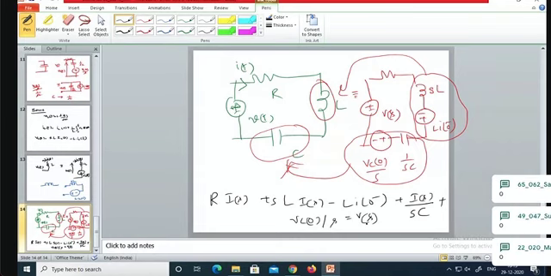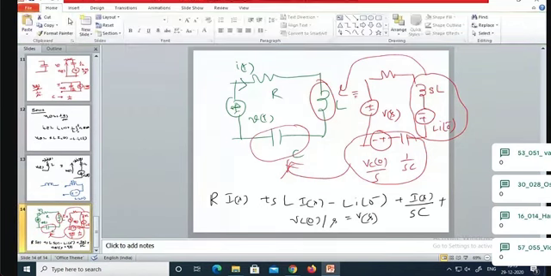Now you can apply the same concept to the meshed network.